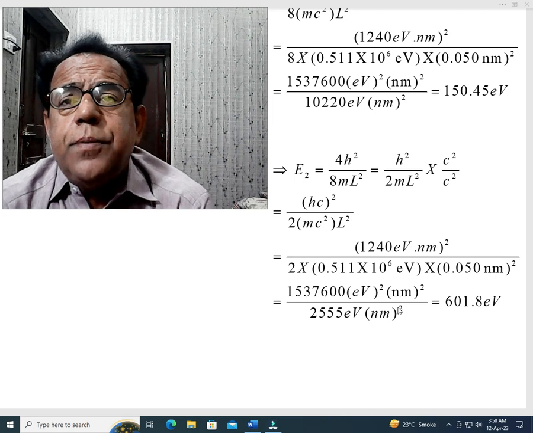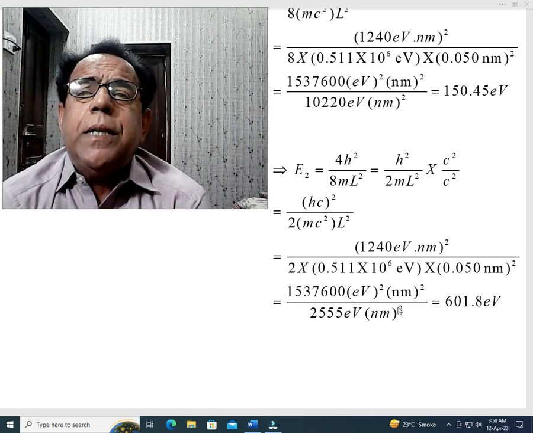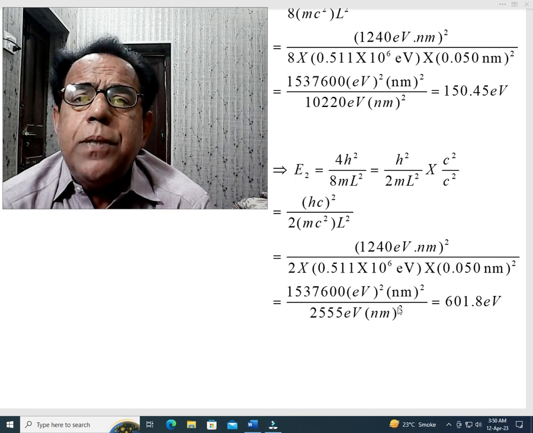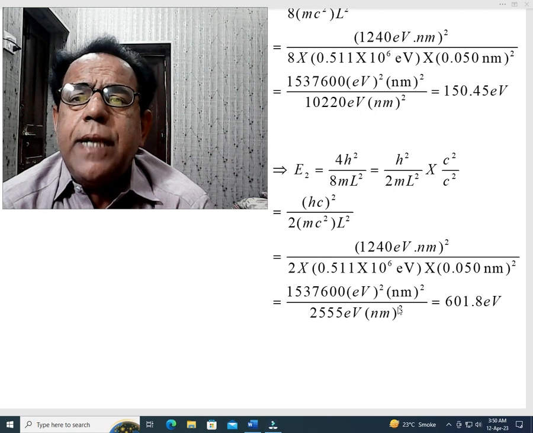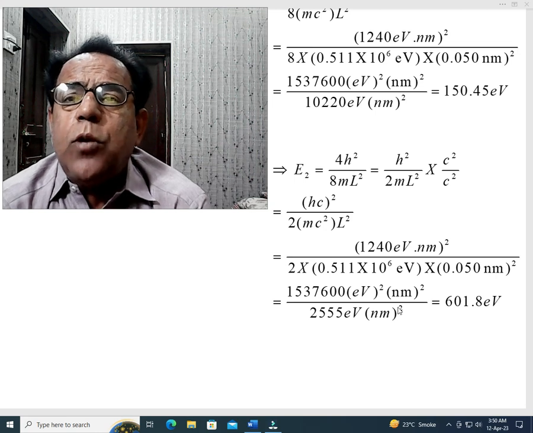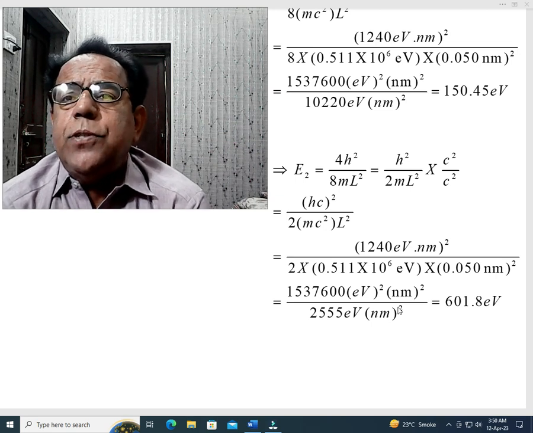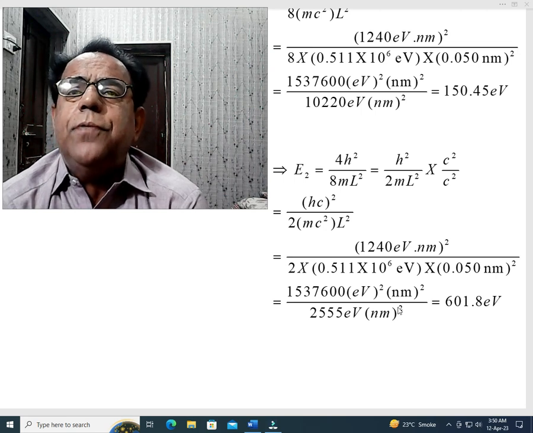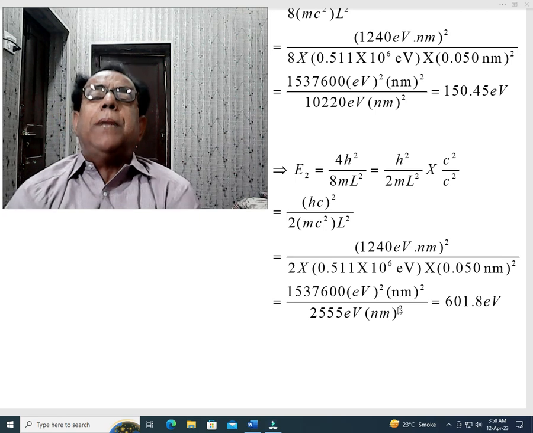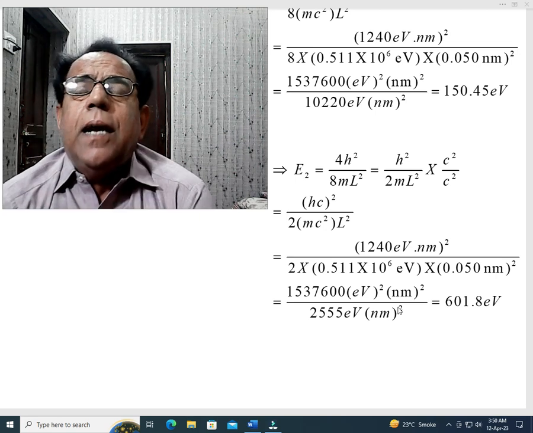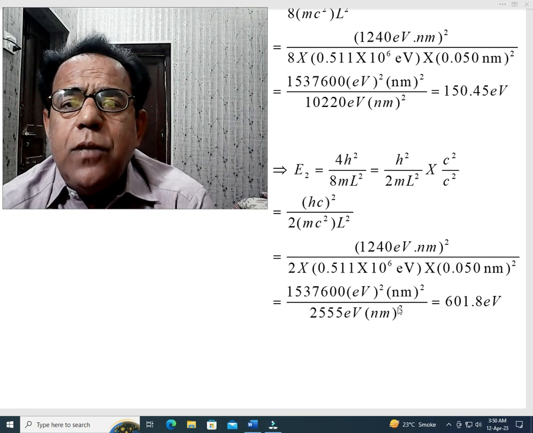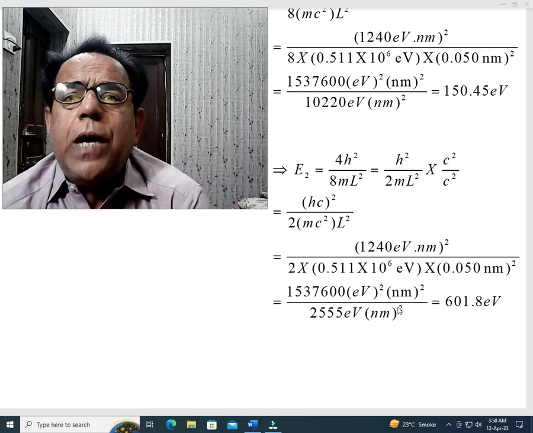So when we multiply 1240 two times, it will become 1537600 electron volt whole square nanometer whole square, divided by 2555 electron volt nanometer square. That is to say, first we will multiply 0.050 with another 0.050, then multiply it with 511000, and then with 2, and after multiplying all these values, the combined value will become 2555.